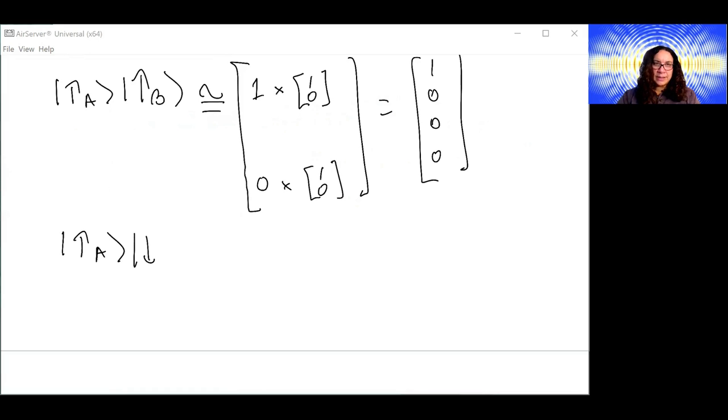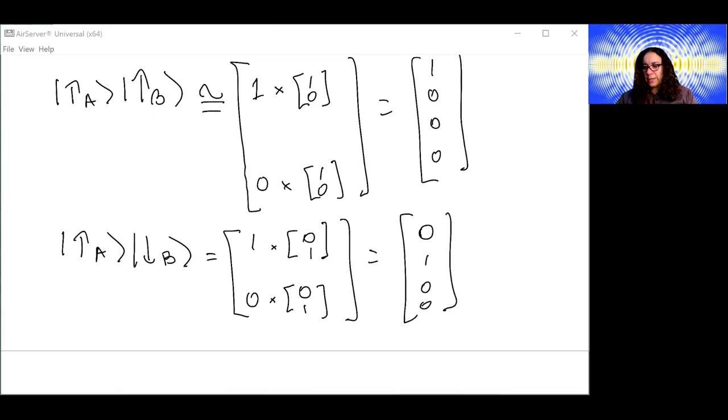We have that A down, B up is going to be 0, 0, 1, 0 in this representation, and spin down A, spin down B is going to be isomorphic to 0, 0, 0, 1.